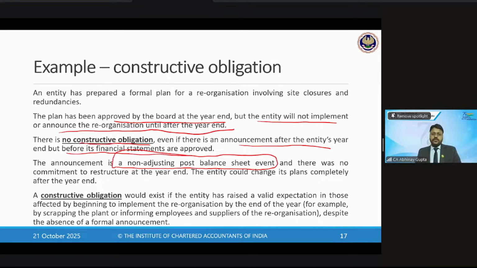Fire broke out on 31st March: adjusting or non-adjusting? Adjusting. Fire broke out on 2nd of April? Non-adjusting, right? So, debtor defaulted on 31st March: adjusting or non-adjusting? Adjusting. Debtor defaulted on 2nd of April?